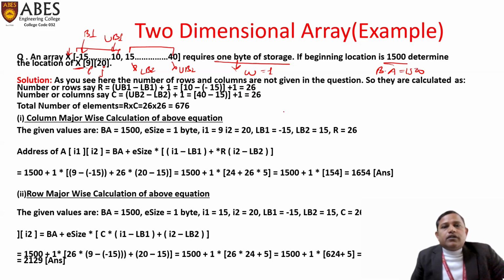So what is our formula if you want column measure order calculation?